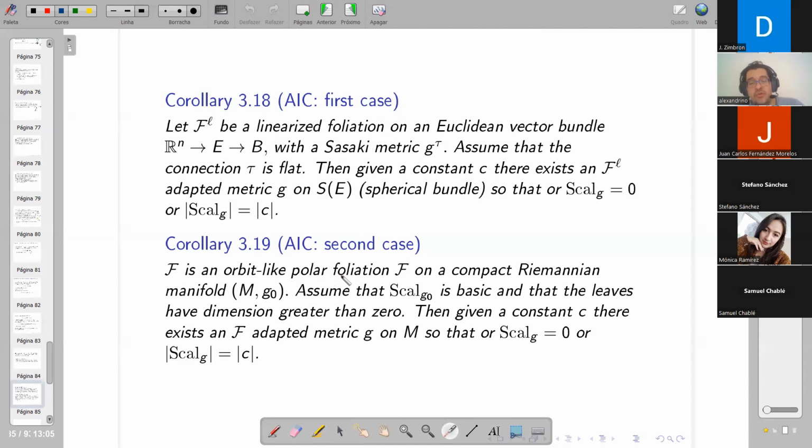I just want to illustrate how to apply the principles of symmetry, but this is a particular case of what Diego has proved. If your scalar curvature is basic and you have an isoparametric foliation, then you can solve the Yamabe problem in such a way that the leaves are still equidistant.